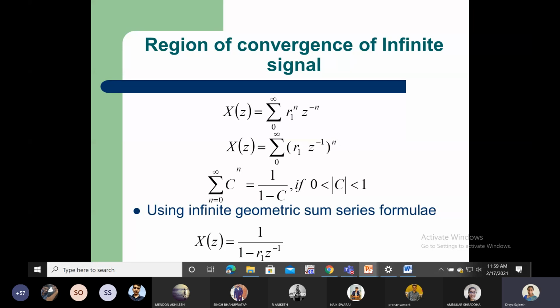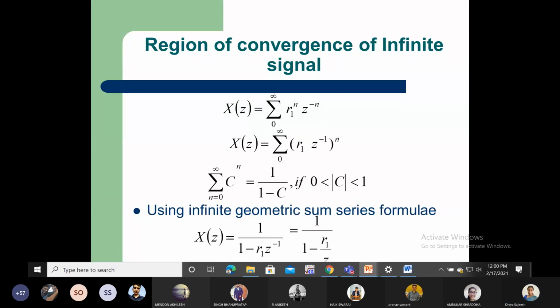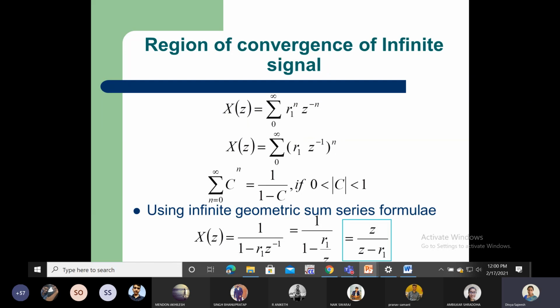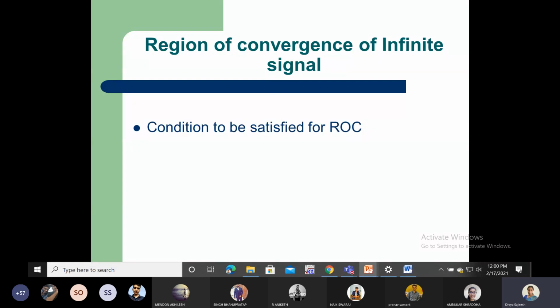So if I apply this formula here, X of z can be written as 1 upon 1 minus C, where C is R1 into Z inverse. I can rewrite, taking Z to the denominator, and finally the Z transform of the signal is Z upon Z minus R1.